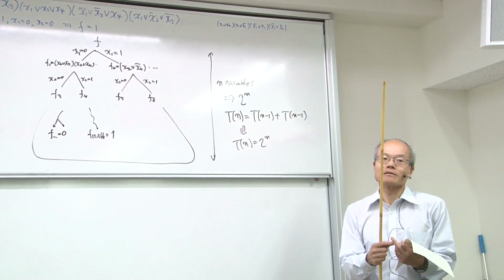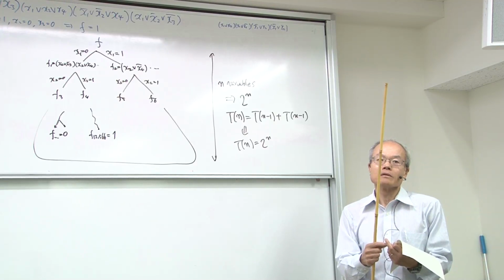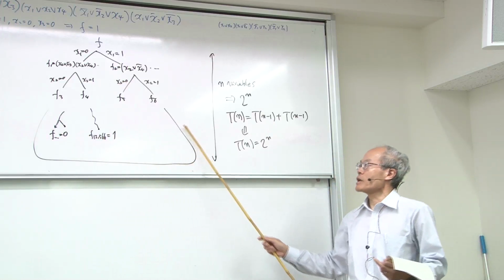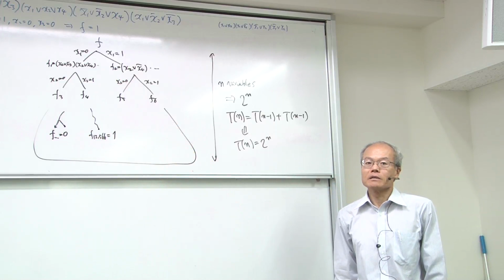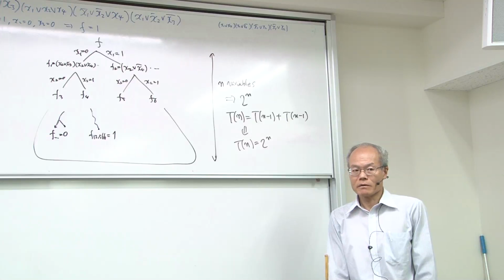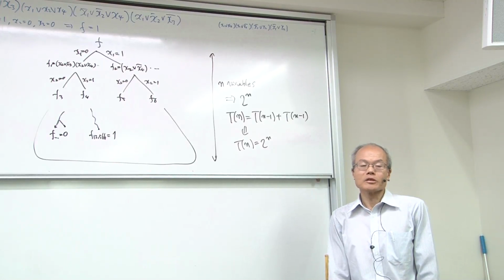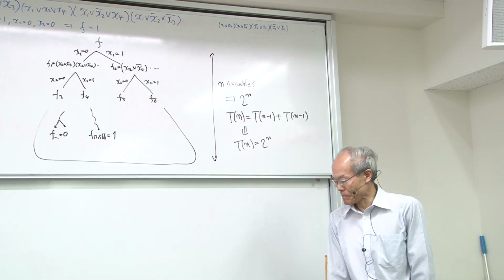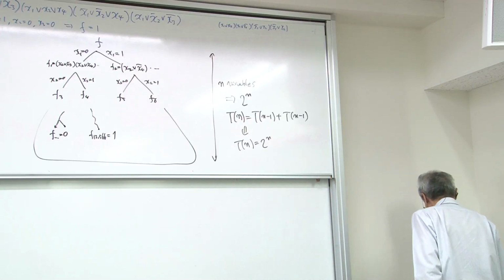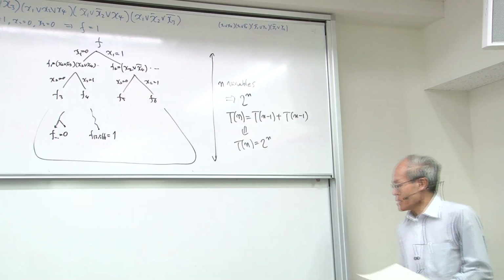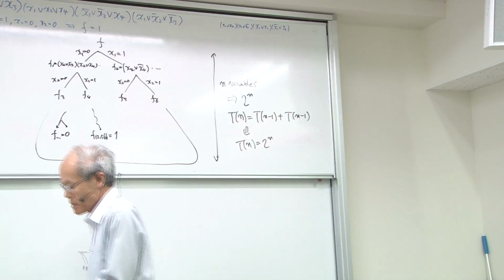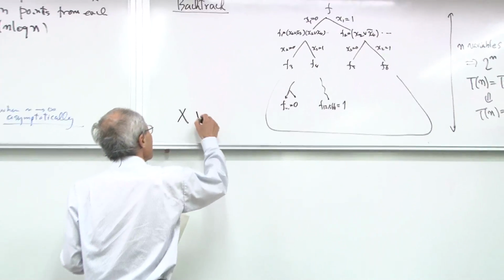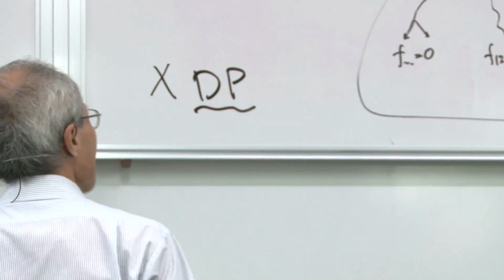This is a good exercise for you to figure out that there is no good bound for the number of different formulas in each level. So unfortunately, you can't use DP. So DP, probably no. Unfortunately, no.